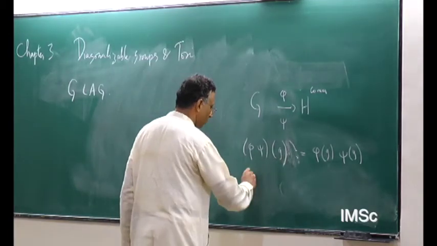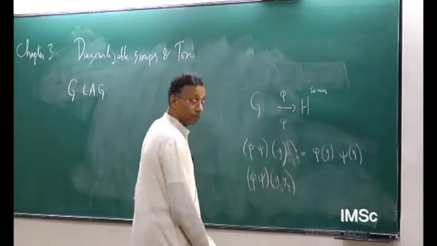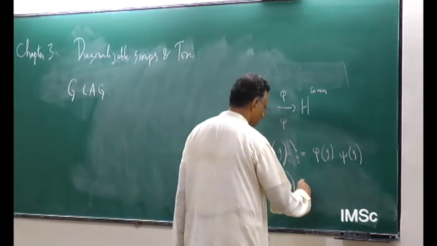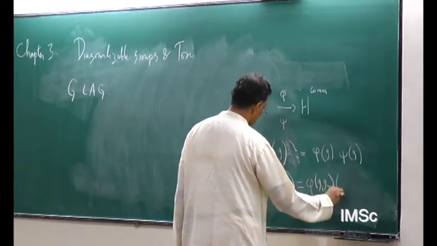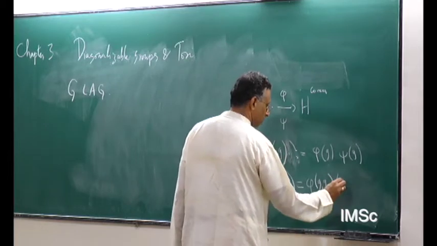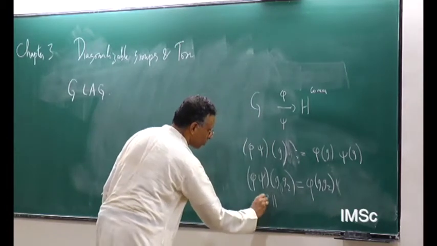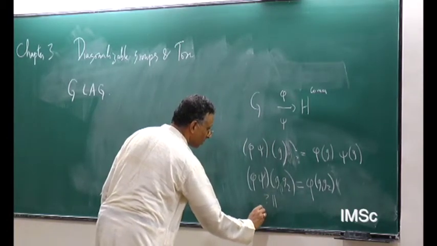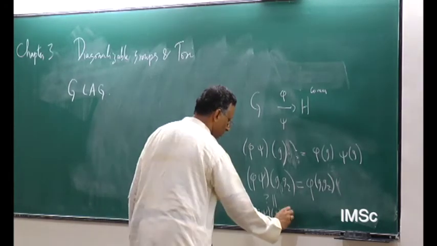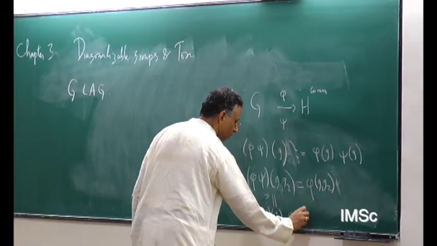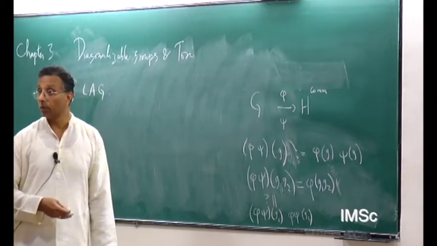So let's do it. What I'm checking is that phi psi of g1 g2 equals phi psi of g1 times phi psi of g2. That is what it means to be a homomorphism.